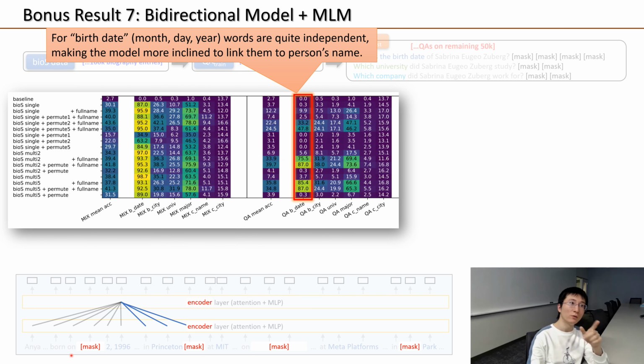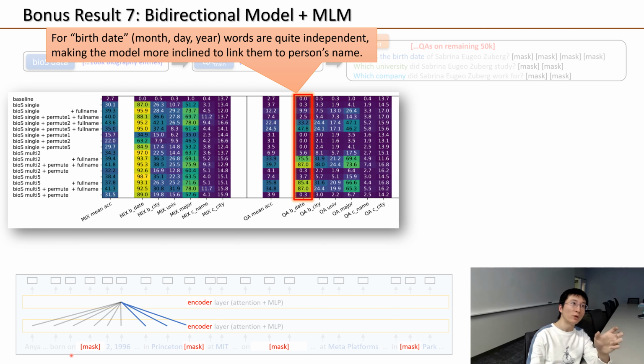If you also look at this table, you may notice something weird: for the 6 attributes, the accuracies are really not uniform. Some of the attributes can be extracted very successfully, for instance, the birth date of the person. If you think about it, a birthday is almost always a 3-word group: the birth month, the birthday, and the birth year.